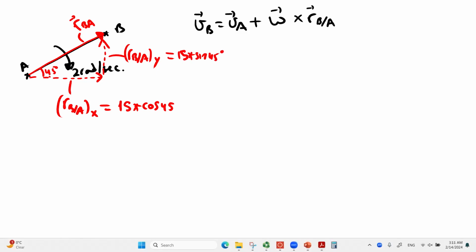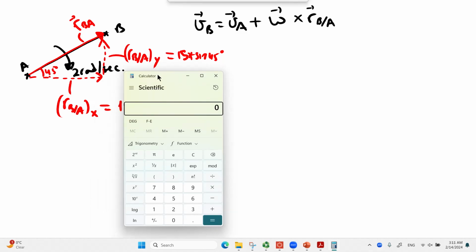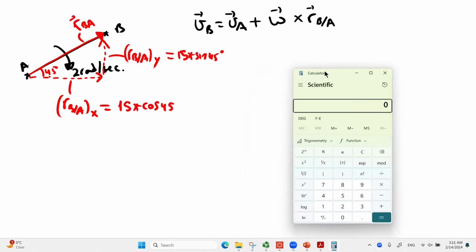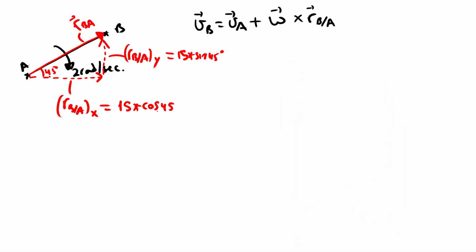I know that cosine and sine are equal, that's 0.707, so 15 times 0.707 is 10.61 inch, and 10.61 inch. So this one is 10.61 i plus 10.61 j.